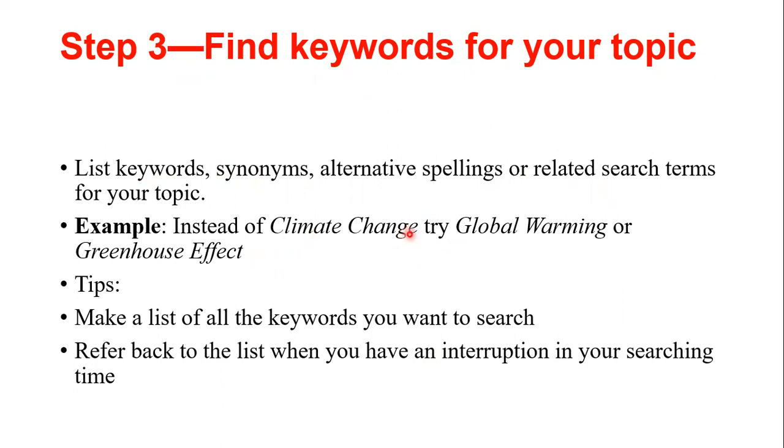Instead of climate change, try global warming or greenhouse effect. Dear students, climate change is the topic, but these are similar topics: global warming, greenhouse effect. They are quite near to each other.